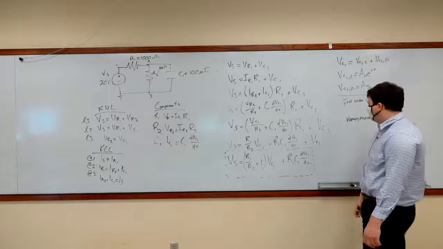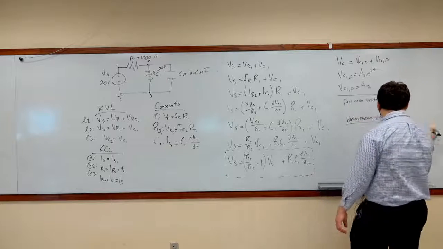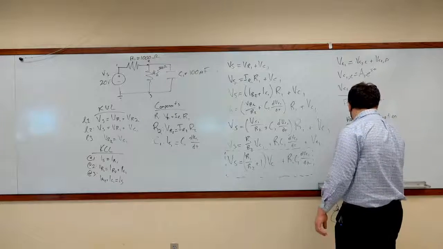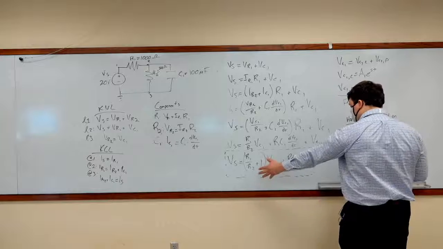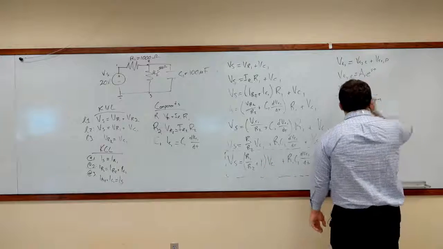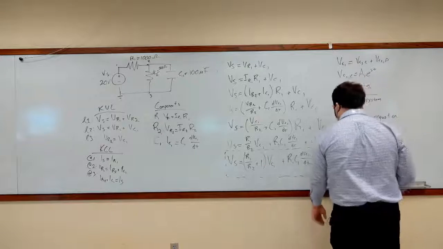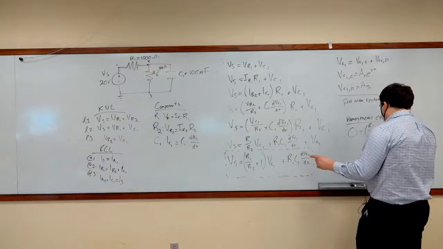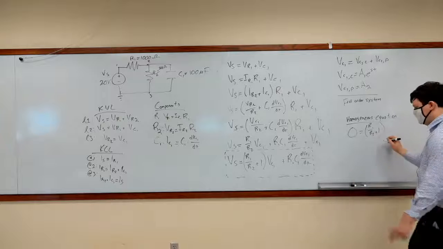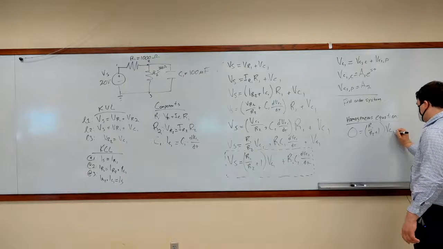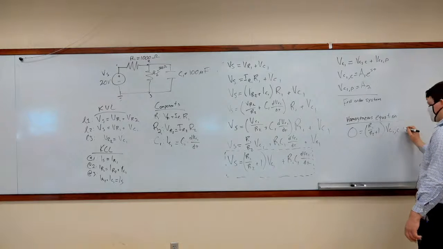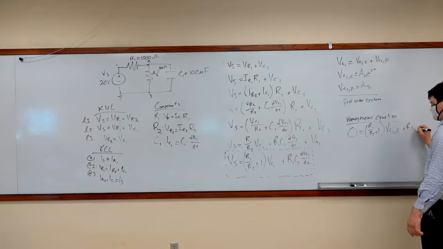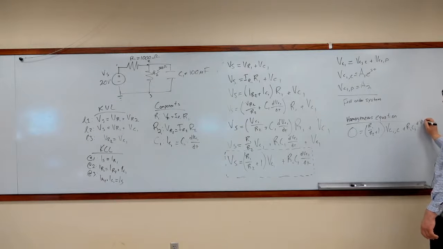Quick, everyone run. If we plug in our homogeneous equation, it's just this, where we're going to plug in our complementary solution. 0 is equal to R1 over R2 plus 1 times VC1c plus R1 C1 dVC1c dt.